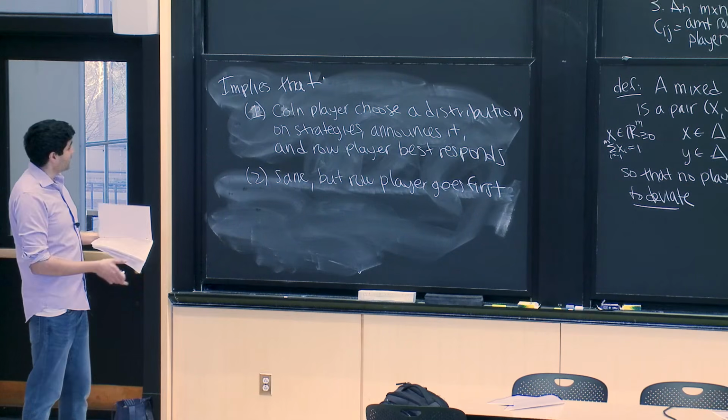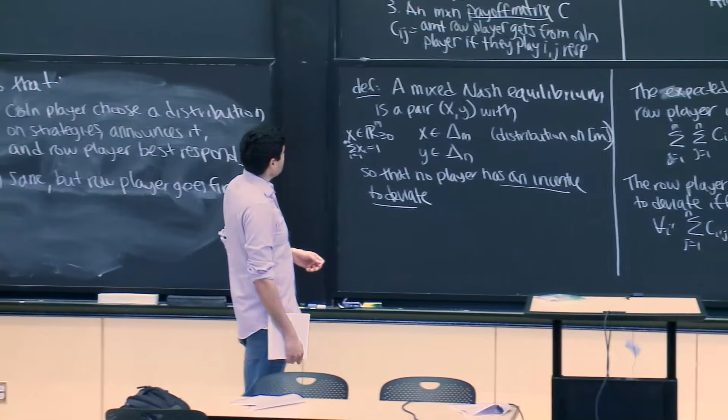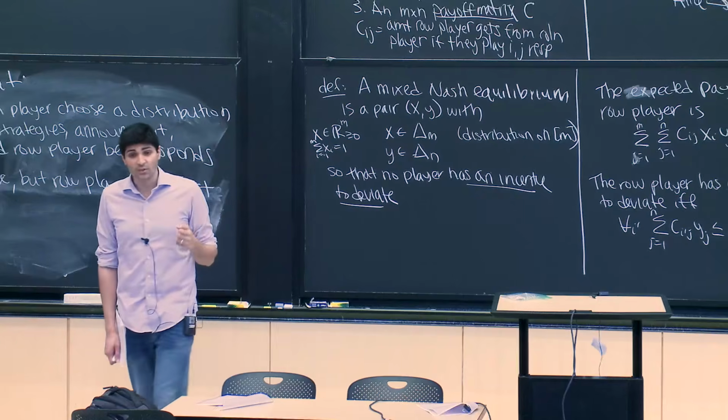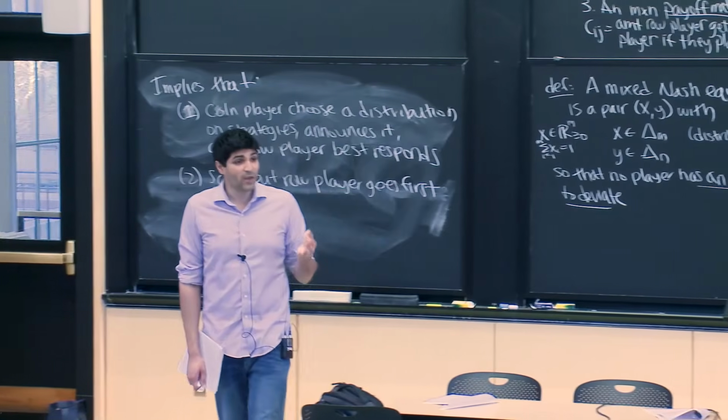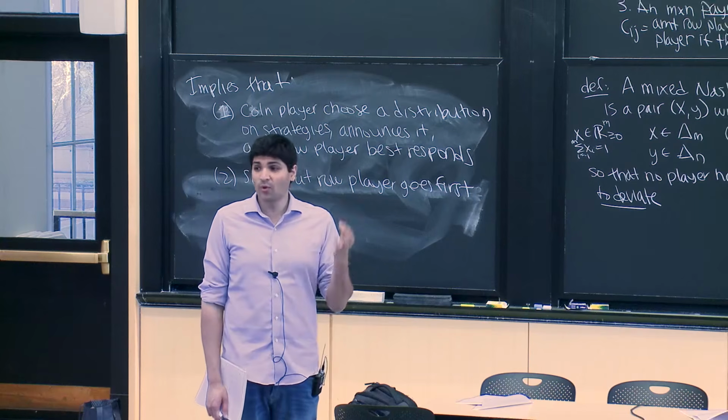But for right now, let's prove one very powerful thing. So when I talked about a pure Nash equilibrium, that was a very natural solution concept. But unfortunately, we had simple games like the matching pennies example that had no pure Nash equilibrium.